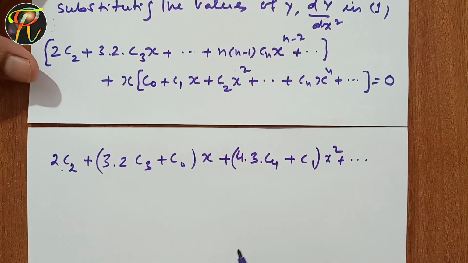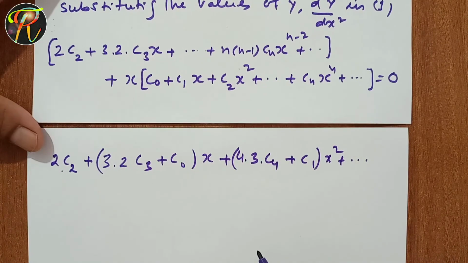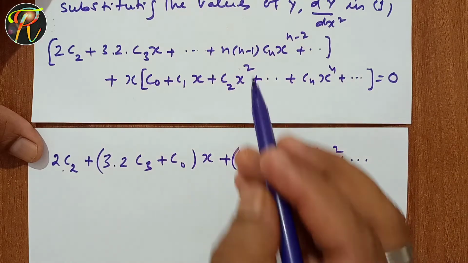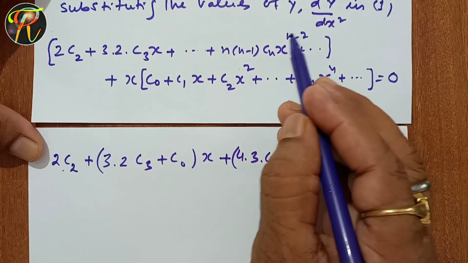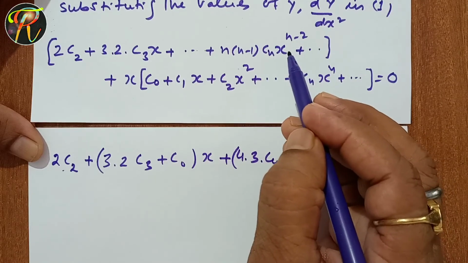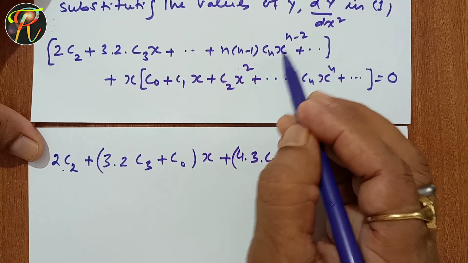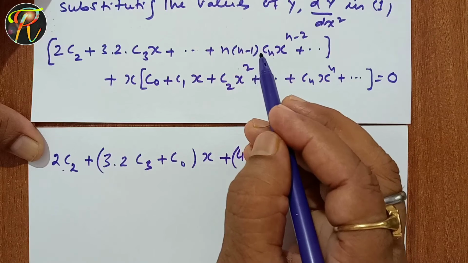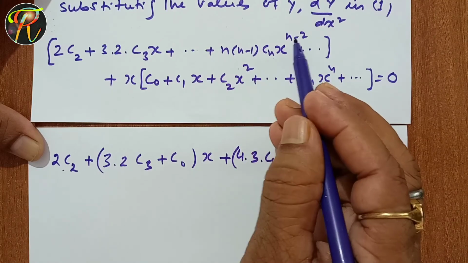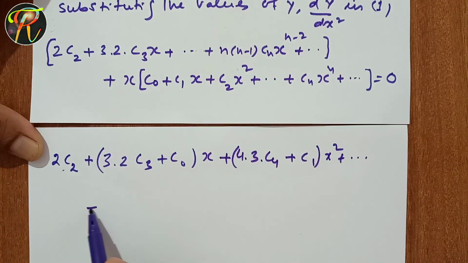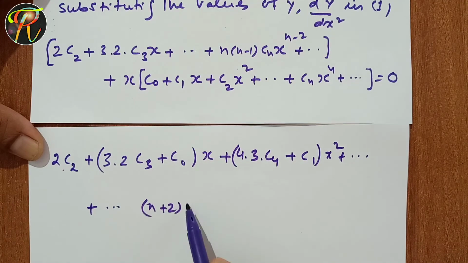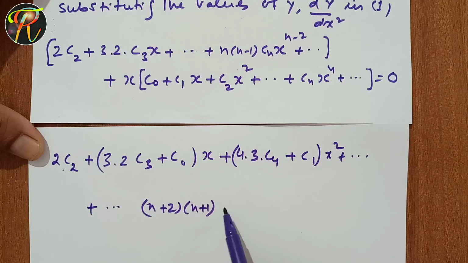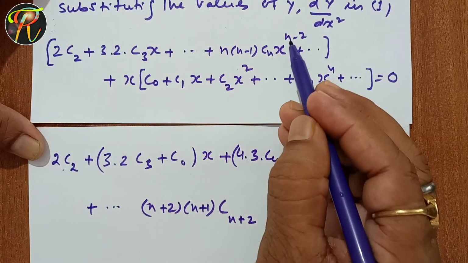Now this is important: the coefficient of x to the power n. The term x to the power n minus 2 is the coefficient of x power n minus 2, so to get the coefficient of x power n we put n equal to n plus 2.